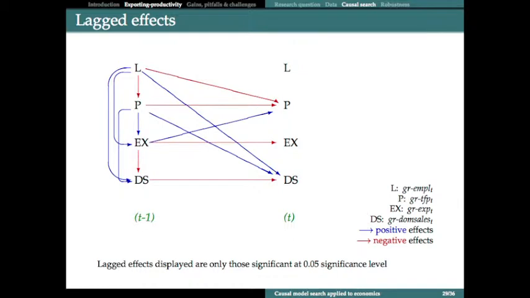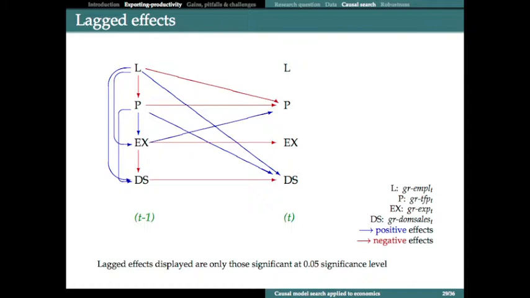The blue one and the red one are negative effect. Lagged effect, so I think that when you find the contemporaneous causal structure, then you can rotate also the estimated lagged matrix, the matrix of the lagged effect, and this is what you find also here.